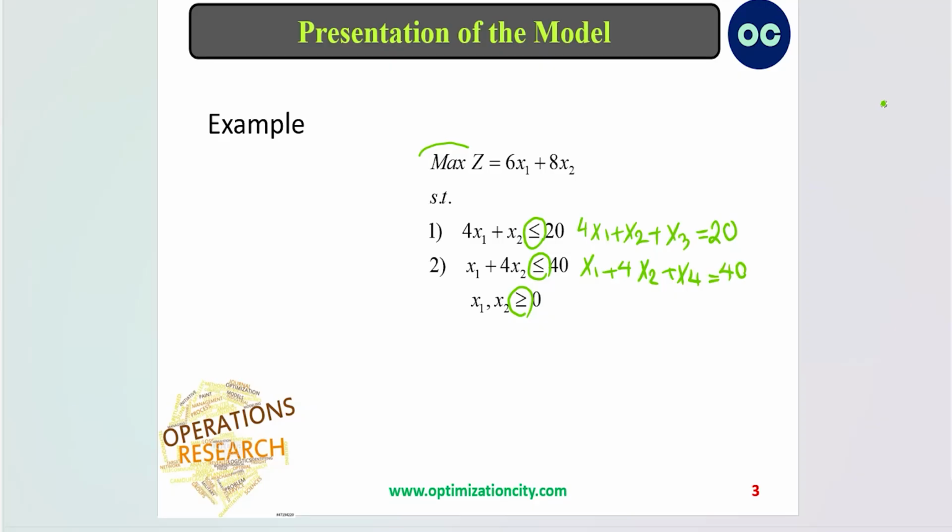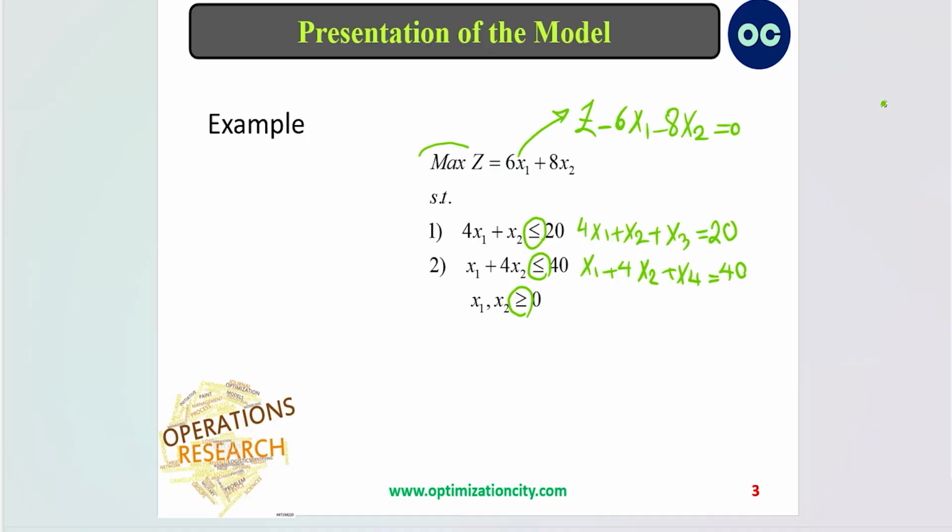So x4 is the slack variable. We also rewrite the objective function as an equation. So it means that z minus 6x1 minus 8x2 is equal to 0.